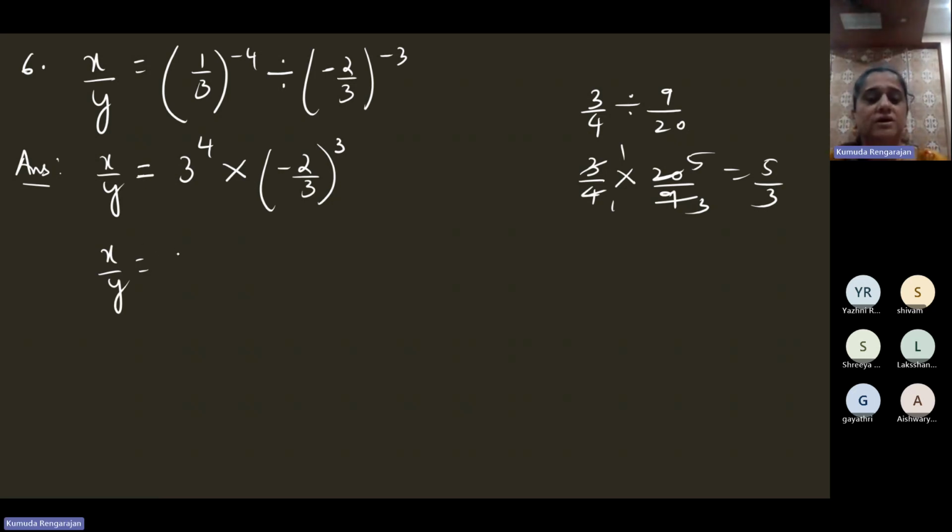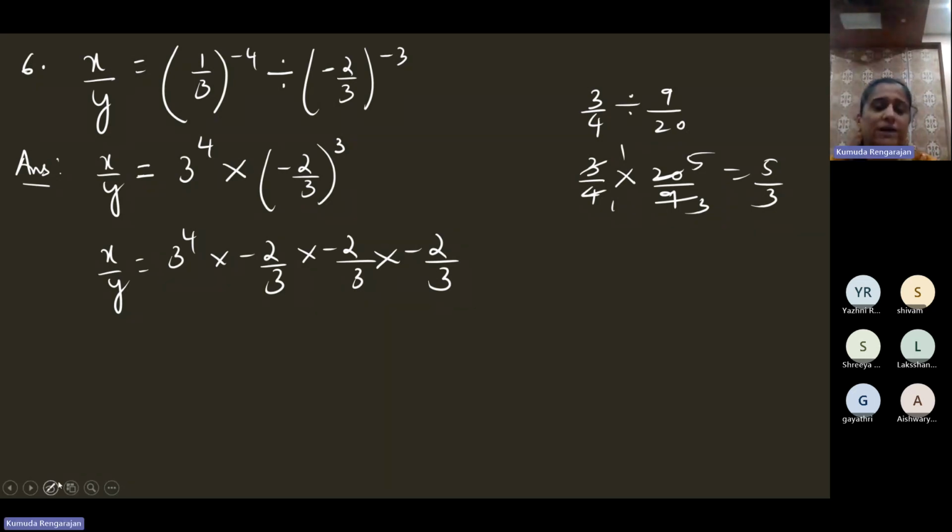So now this is nothing but 3 to the power 4 into -2 to the power 3 by 3 to the power 3. Or you can also write it like this, children. You can write that 3 times. -2 by 3 to the power 3 means -2 by 3 into -2 by 3 into -2 by 3.